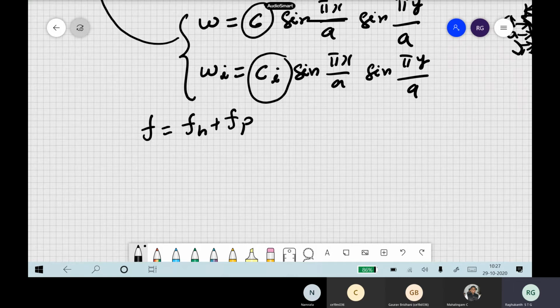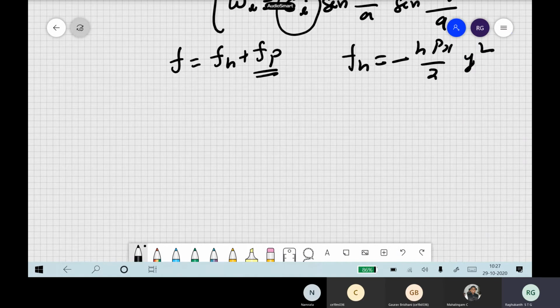I hope you remember how we solved for a plate. You remember, right? For the homogeneous solution, we wrote some h px by 2 into y square. Then for the total solution, we can write the particular integral based on these solutions.